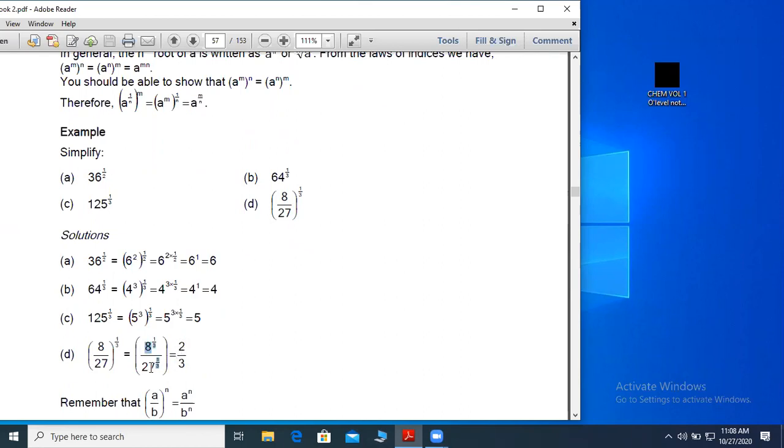You get that? Then 27 to power a third, the cube root of 27 is 3. So we write 3 to power 3, then again times a third. And the final answer will be 2 out of 3. So if you have a question, you can ask.